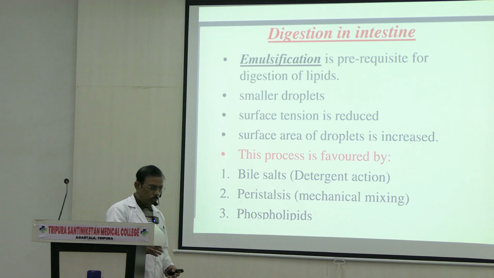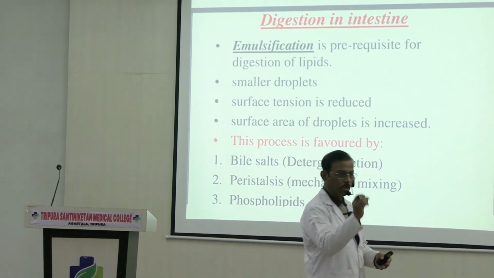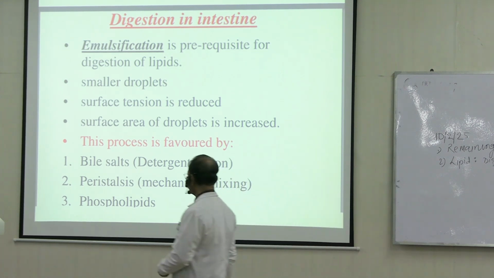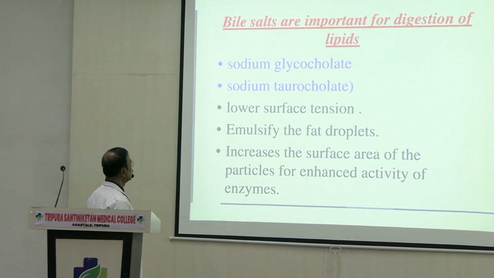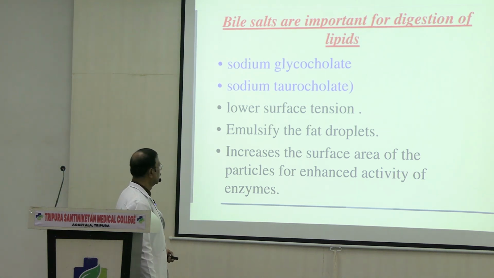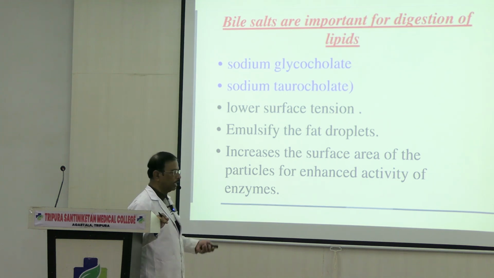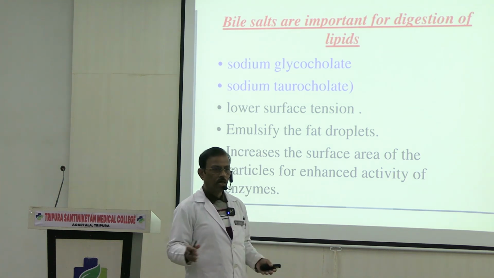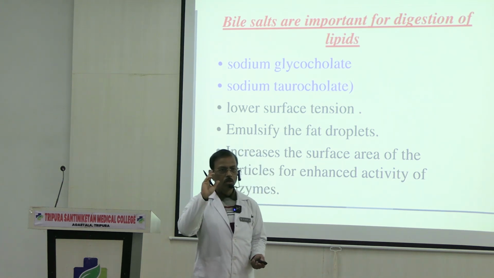So, they bind on the lipid droplets surface and split it and make smaller droplets. Bile acids, sodium glycocholate, sodium taurocholate, reduce surface tension, emulsify fat droplets, increase the surface area of the particle, and enhance activity of the enzyme. So, the smaller the droplets, the larger the surface area. Okay, you understood, no?